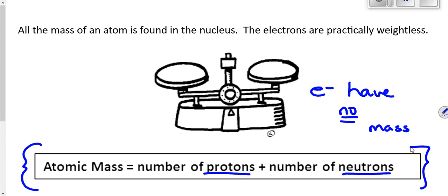Now remember, we already said protons was the same as your atomic number. And the atomic number is always given on our periodic tables, and you have one at the front of your book. And that number in the upper part of the square tells you how many protons are in each of the atoms of that element.